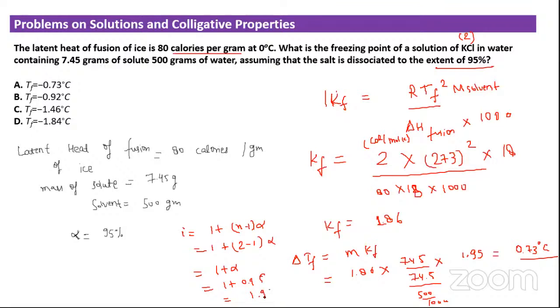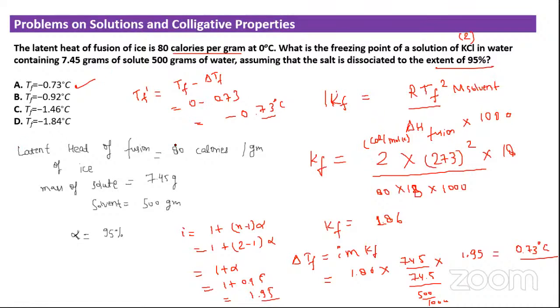It comes down as 1.95. ठीक है, तो वो यहाँ पर रख देंगे i m Kf. तो यहाँ से डेल्टा Tf आ जाएगा, और डेल्टा Tf आ जाएगा तो ऑब्वियसली जो हमारा फ्रीजिंग पॉइंट हो जाएगा न्यू, that will be Tf minus delta Tf. So 0 minus 0.73, it will come out as minus 0.73 degrees Celsius. So obviously option A is correct.